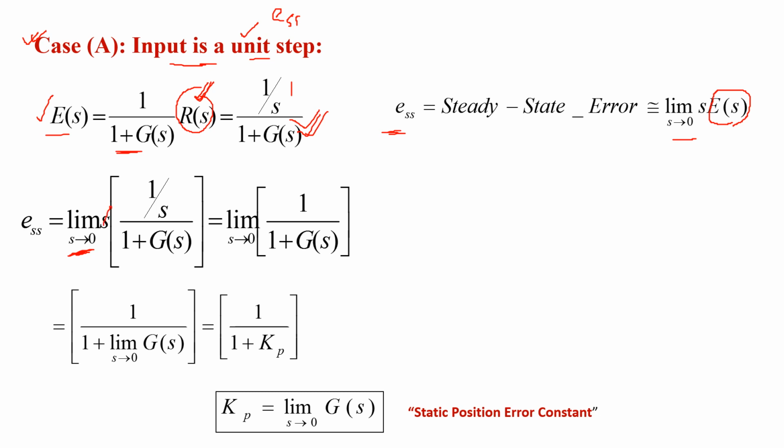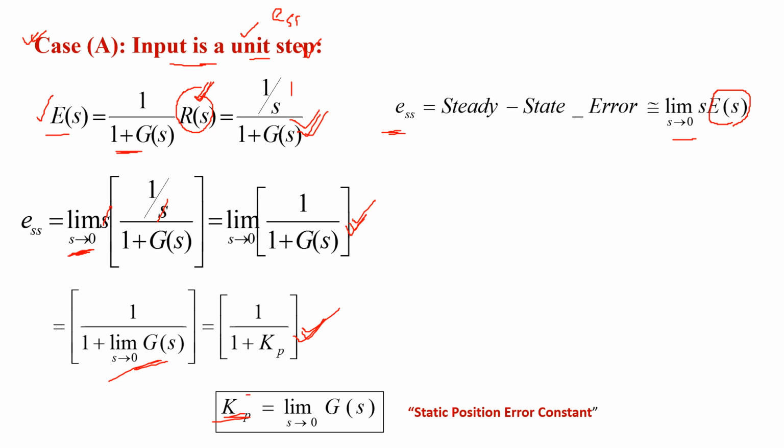Here s gets cancelled. If you further simplify, we get 1 by 1 plus limit s tends to 0 of G of s. Consider limit s tends to 0 of G of s as Kp. Then ESS is equal to 1 by 1 plus Kp. This is the steady state error if the input is a unit step.